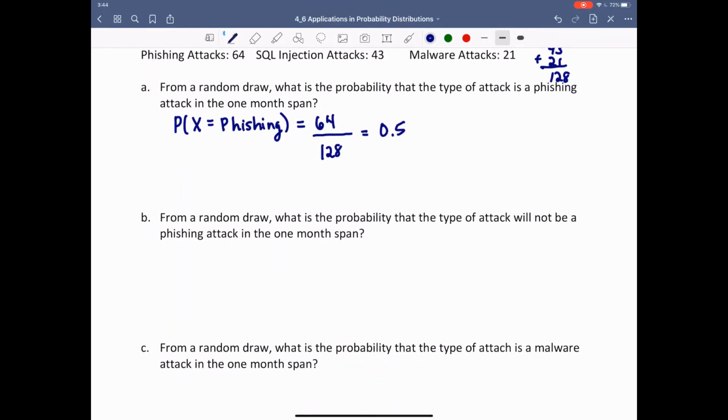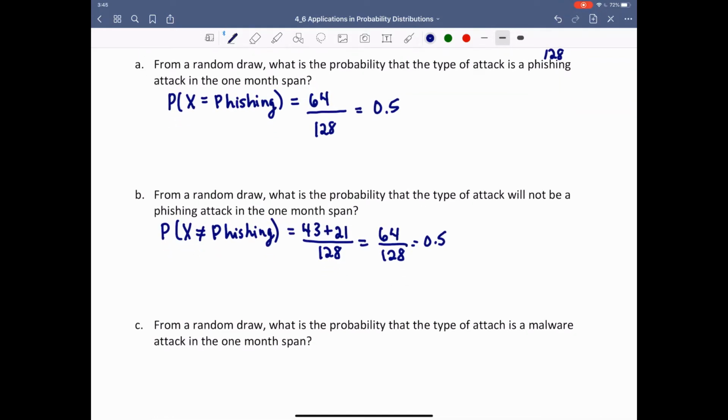Part B, from a random draw, what is the probability that the type of attack will not be a phishing attack in that 1 month span? So the probability that X is not phishing. We have 64 that are phishing, 43 that are SQL, 21 that are malware out of our 128 in total, which again is 64 over 128 or 0.5.